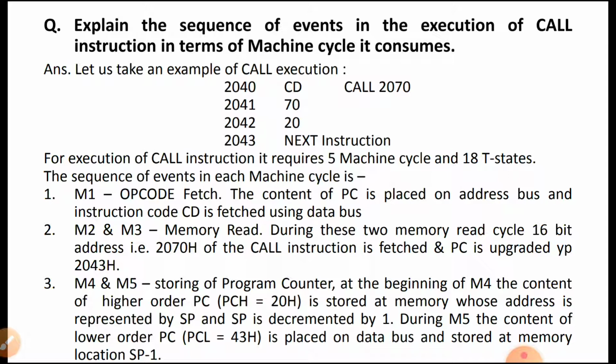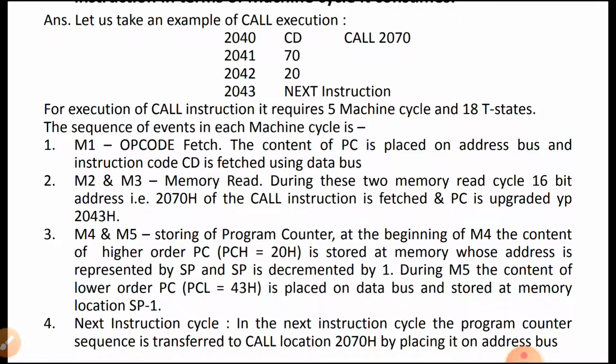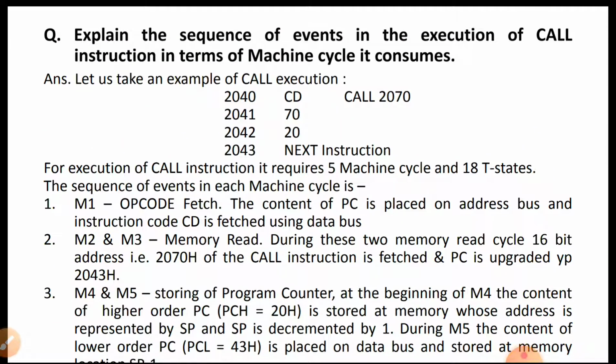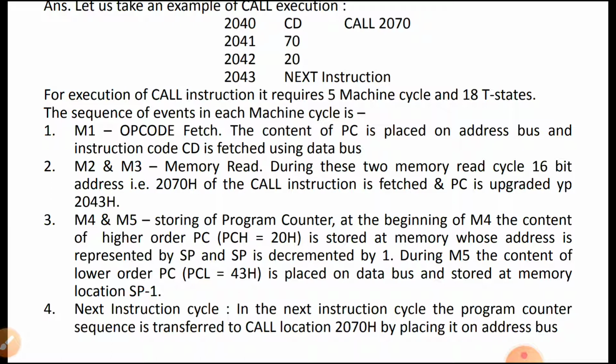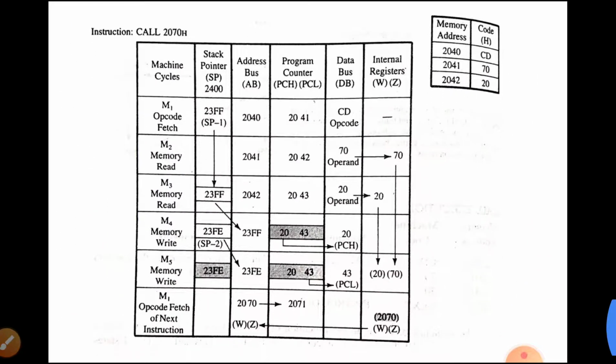In M4 the higher order address is stored in the stack, and in M5 the lower order address is stored. So 5 machine cycles are used: the first is opcode fetch, the second and third are memory read, and in the fourth and fifth the content of the program counter is stored in the stack. The explanation by the figure is also given in this.